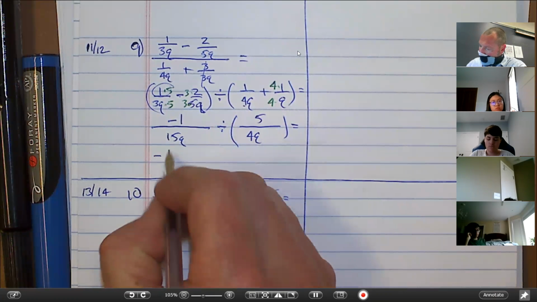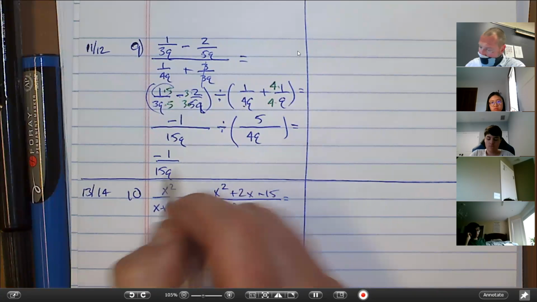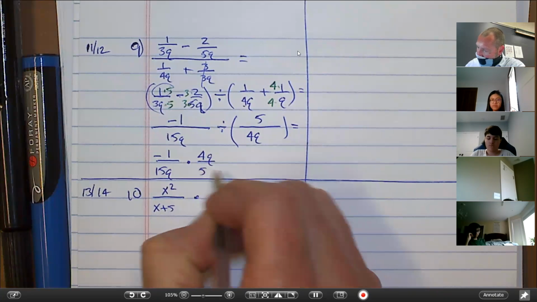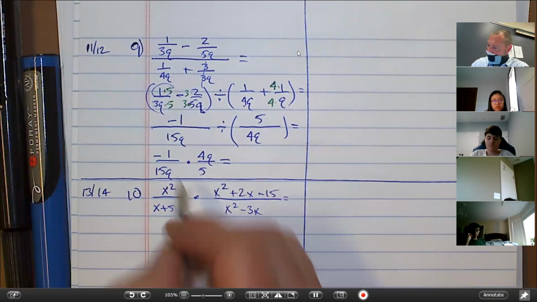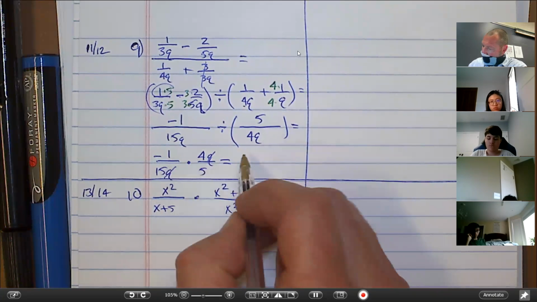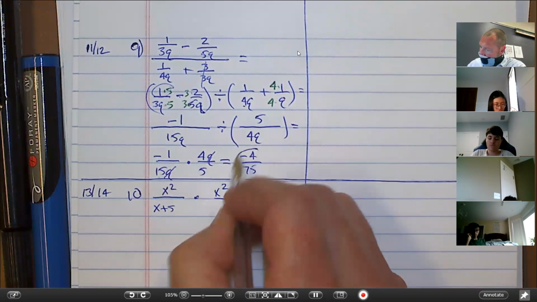So I have negative 1 over 15q times 4q over 5. The q's will cancel, and negative 1 times 4 is negative 4, and 15 times 5 is 75.